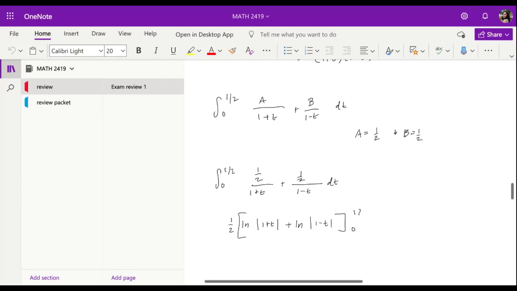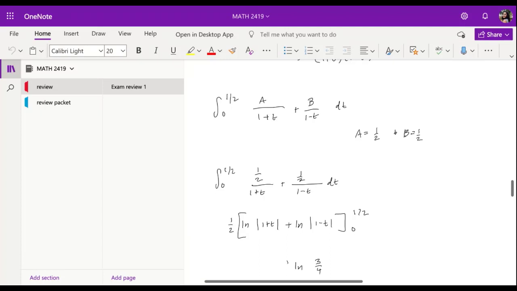From there, you can just plug in 1/2 and 0 into both the terms, and you should get 1/2 ln of 3/4.